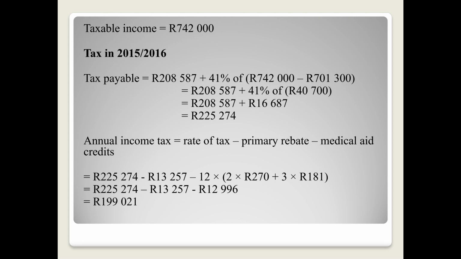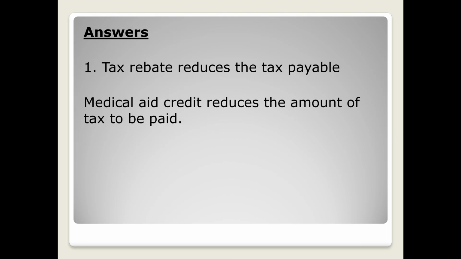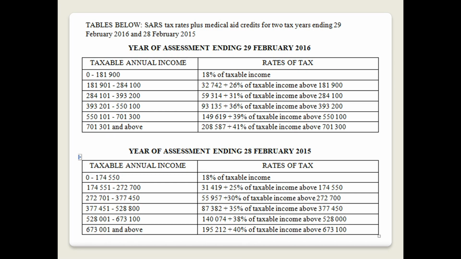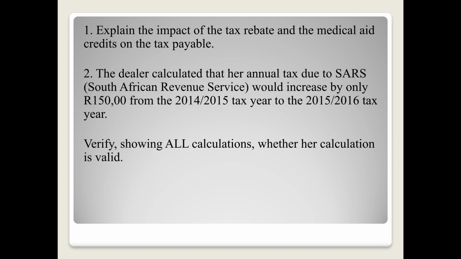So what we need to do is work out tax for 2015-16 and tax for 2014-15, because remember, we need to compare to see if she made a valid statement or not.